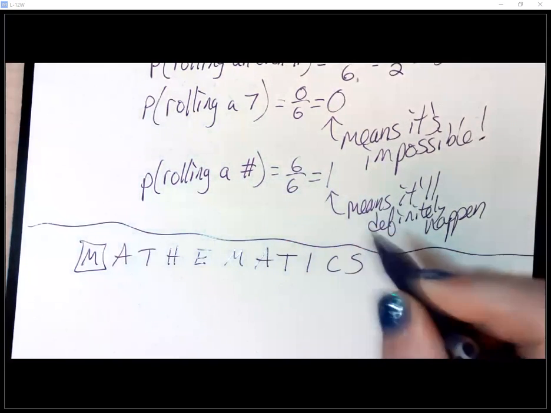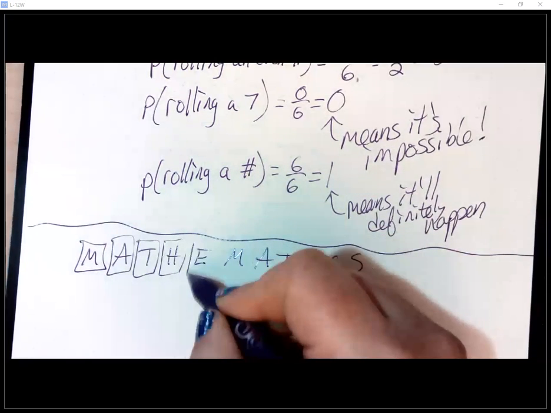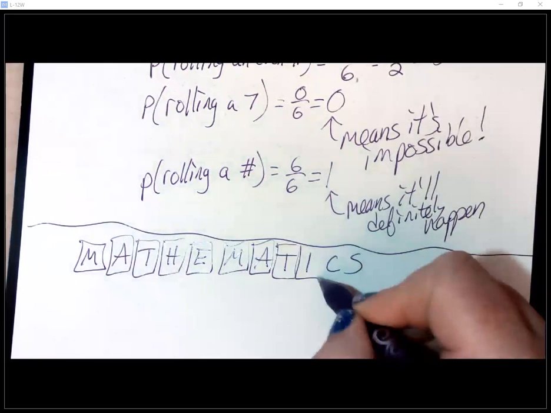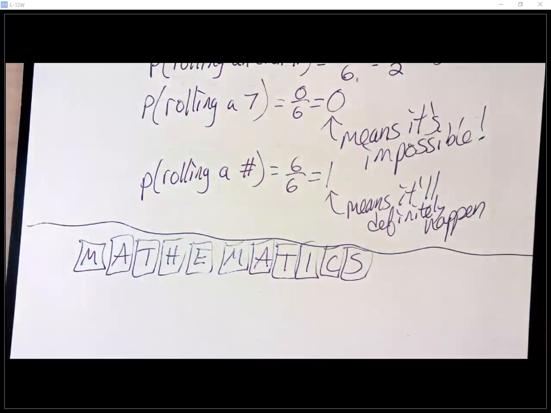So imagine all of these are on an index card. If I take all of these, I shuffle them all up and I say, hey, choose any letter. Let's find some probabilities.